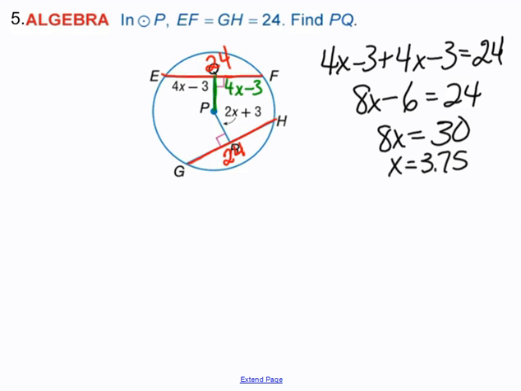Now I can figure out what PQ is by plugging in x, because this measure and this measure have to be the same, because these lines have to be equidistant to make the chords congruent. So I'm going to plug in x for this measurement right here: 2 times 3.75 plus 3, and that equals 5.5. So that's the length of PQ.